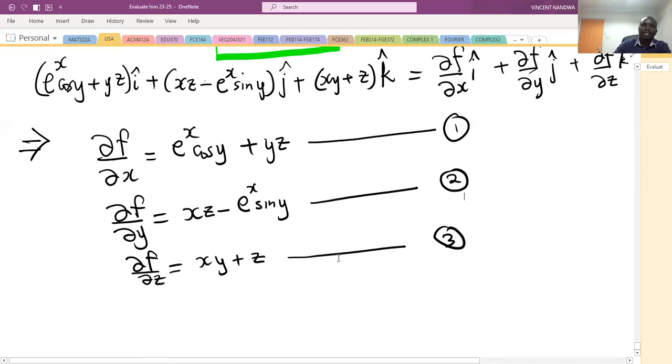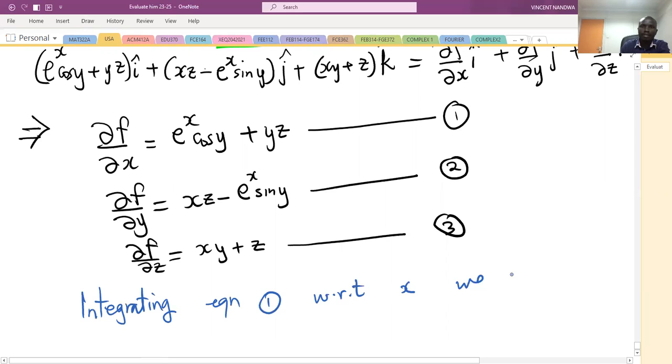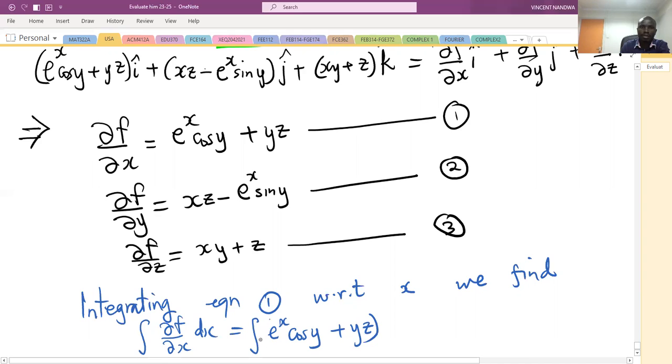So now we start by integrating the first equation with respect to x so that we get f. So integrating equation 1 with respect to x, we find the integral of partial f partial x dx equals the integral of e raised power x cosine of y plus yz with respect to x.